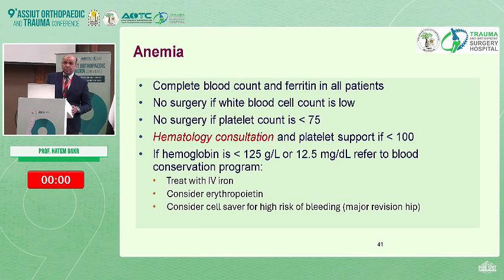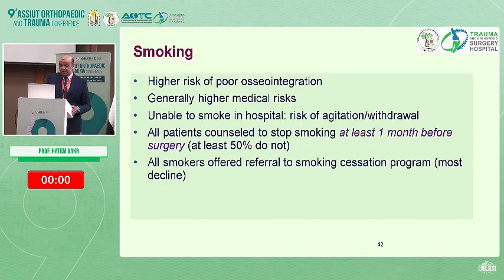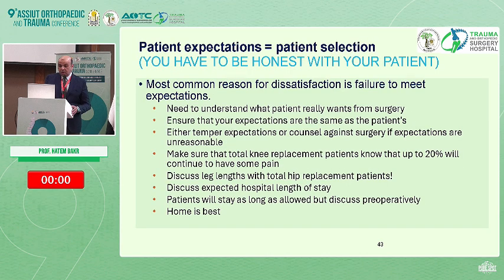Anemia will also be discussed by Dr. Maha Mustafa in the second session, with hematology consultation. Smoking is also one of the important issues, and the patient should stop smoking 1 month before the arthroplasty, as mentioned by Dr. Muhammad Anwar, and you should give the patient the means to do smoking cessation.